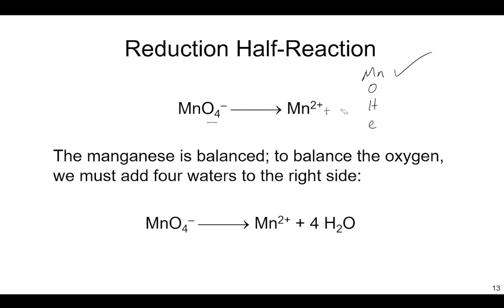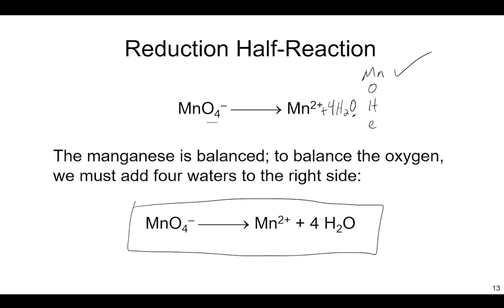No, I have to add this in the form of H2O. And so if I'm adding waters to the right, in order to add oxygens to the right, I'm going to need 4 waters on the right to balance the 4 oxygens I have on the left. Okay, so that's what I'm showing down here, and now my oxygens and manganese are both balanced.